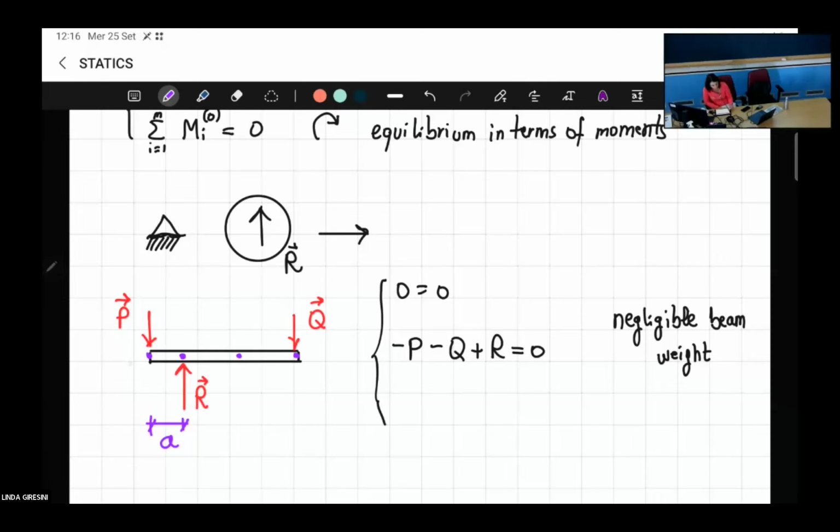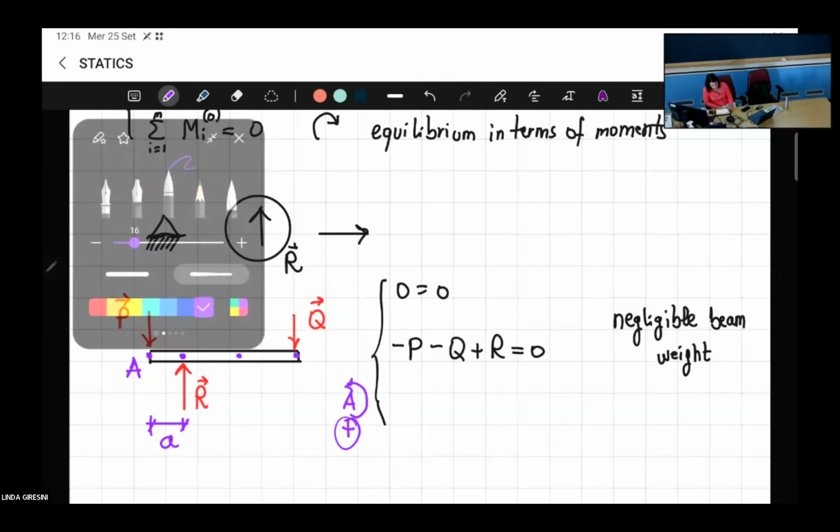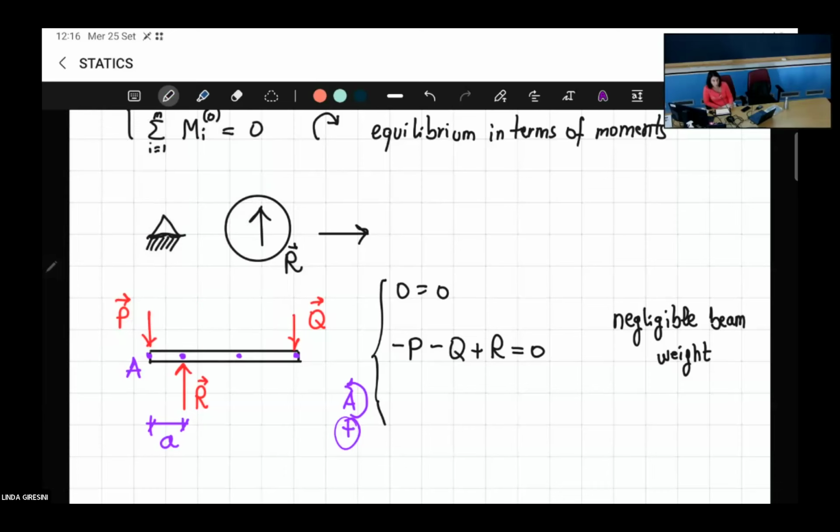I don't know. For example, we go with the first one. We choose A as the first example. And we assume that the counterclockwise direction is positive for the moment. So the first moment is R times what is the minimum distance from the line of action of R to the pole A. R times a. Positive because it's counterclockwise.